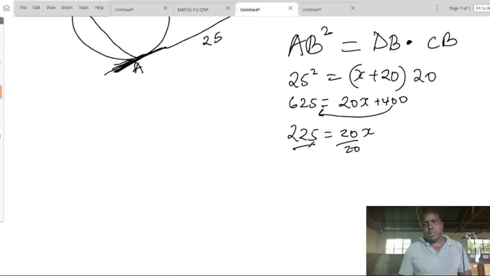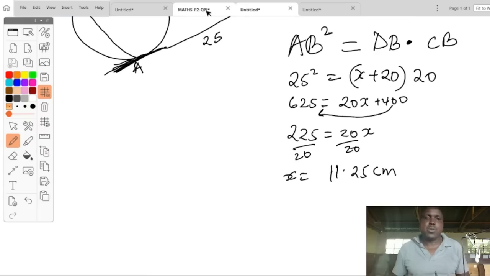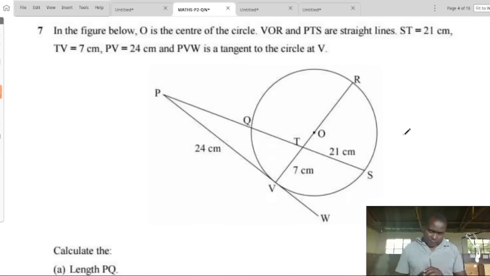Divide by 20 both sides, and that will give you the value of X. That is 225 divided by 20, which is 11.25 centimeters. So that is the knowledge which is helpful in solving this.